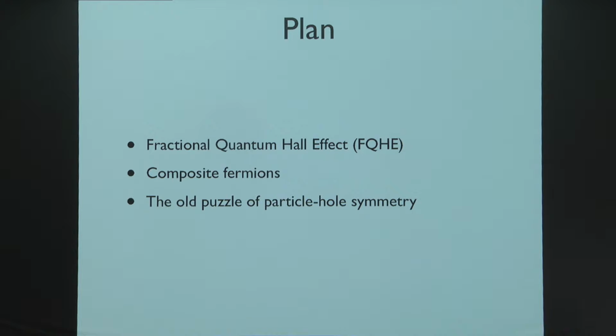Then I will talk about an old puzzle that has been in existence for a long time, of particle-hole symmetry. That is the symmetry that had been lost for theory. And I think it has been recently recovered with the notion of Dirac composite fermions.